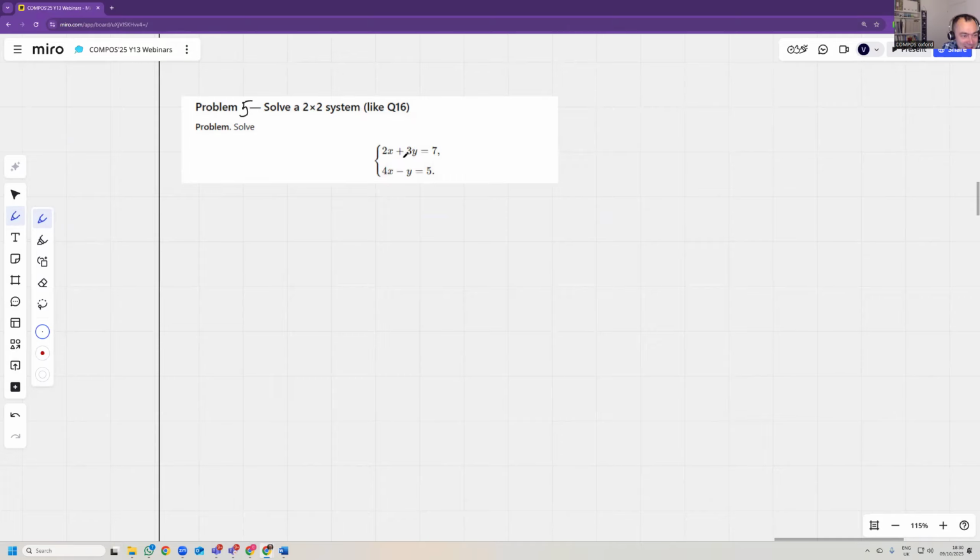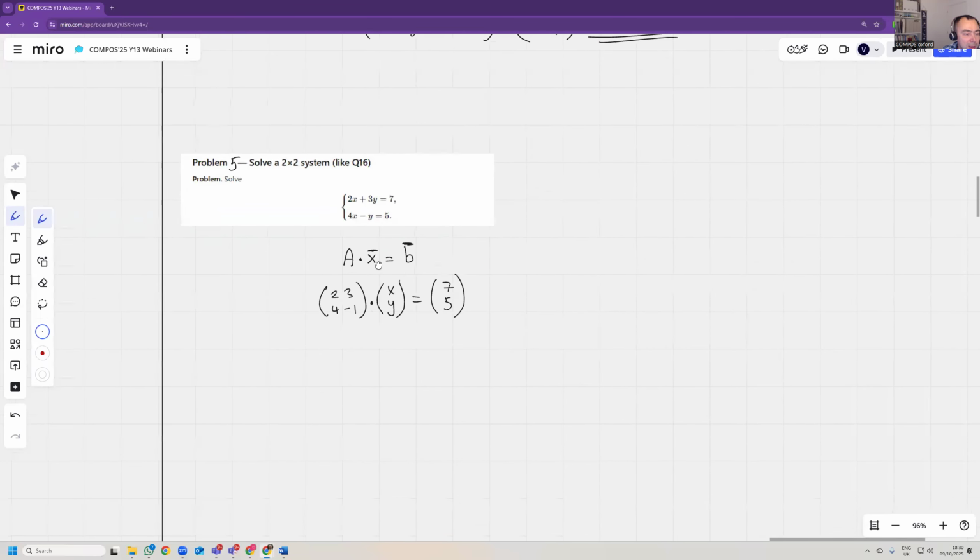So this equation can be written as a matrix multiplied by the vector x, and that's equal to vector b. What do I mean by that? Well, the matrix is 2, 3, 4, minus 1 multiplied by x, y, and that's equal to 7, 5.